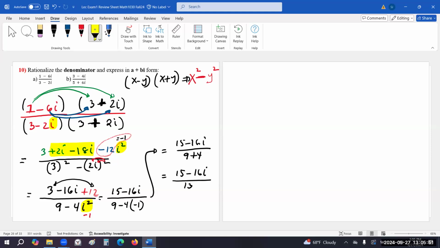And this is a complex number because you have real and imaginary together. So we want to separate them. We want to see which part is the real number and which part is the imaginary number. So we split our numerator into 2 pieces. We write 15 over 13, that is the real part, and we have 16i over 13, that is the imaginary portion.